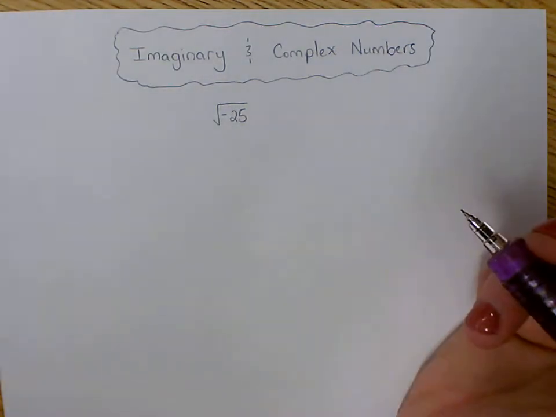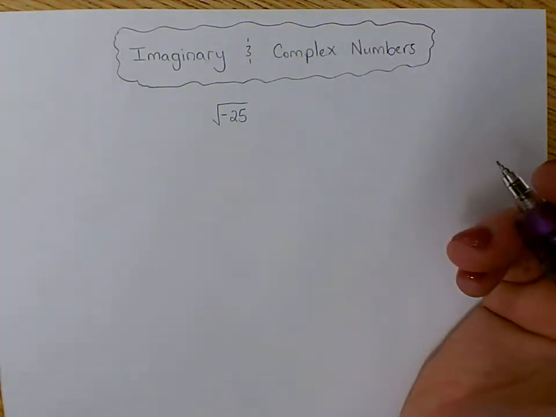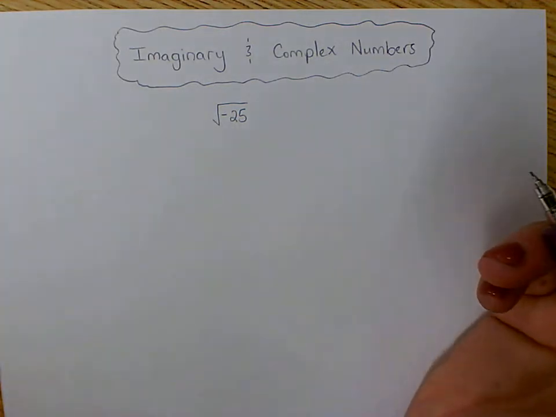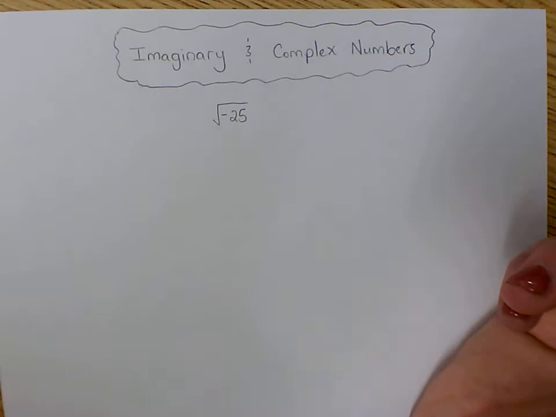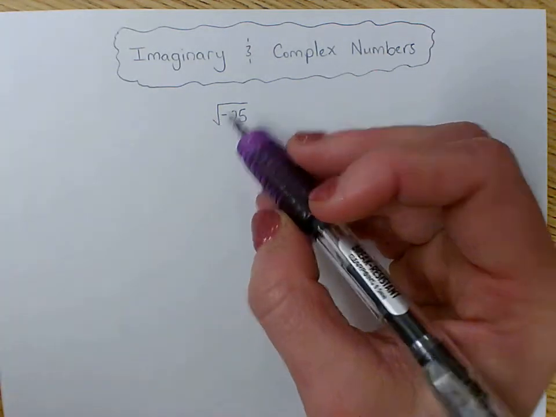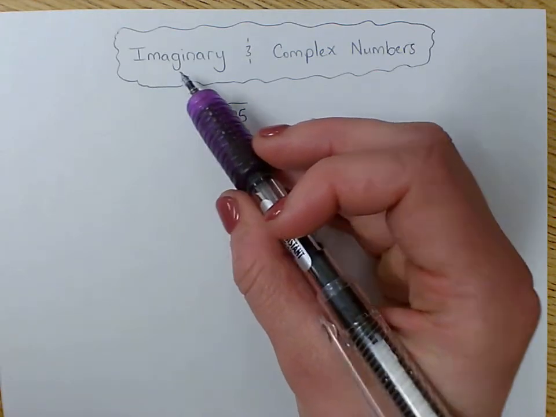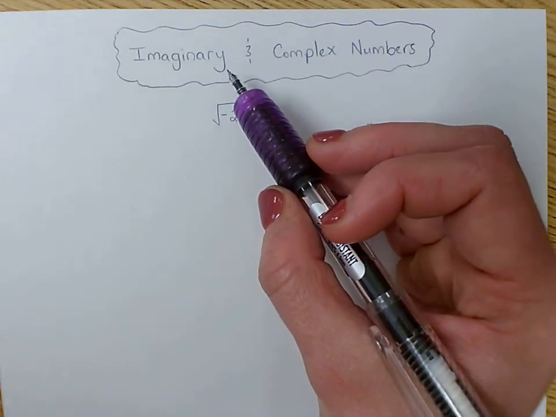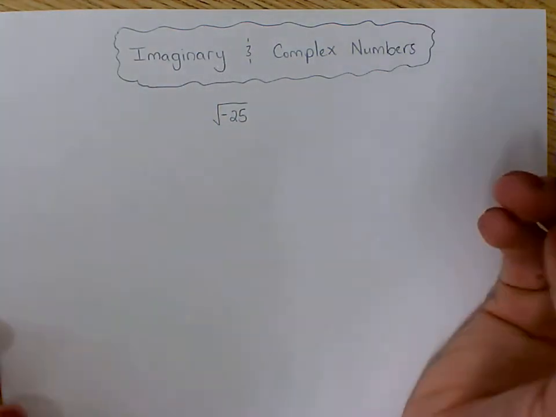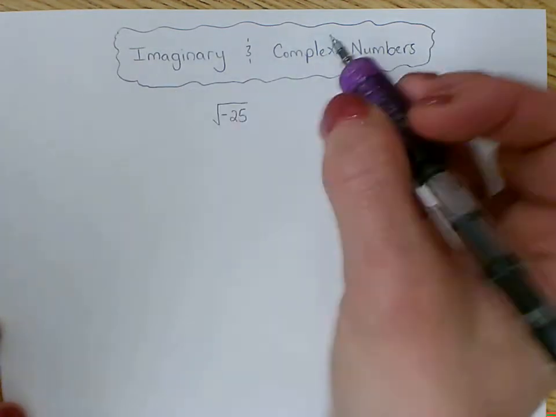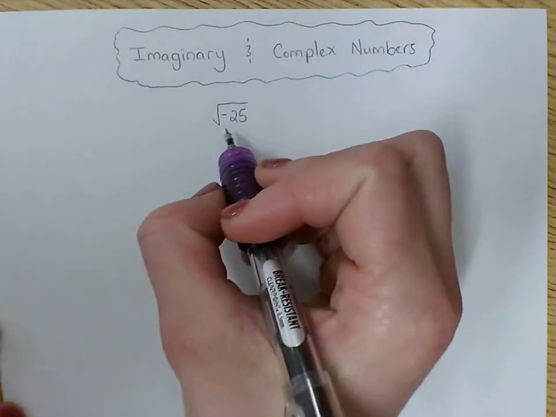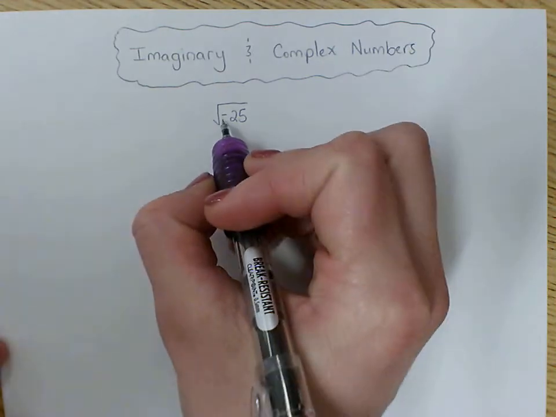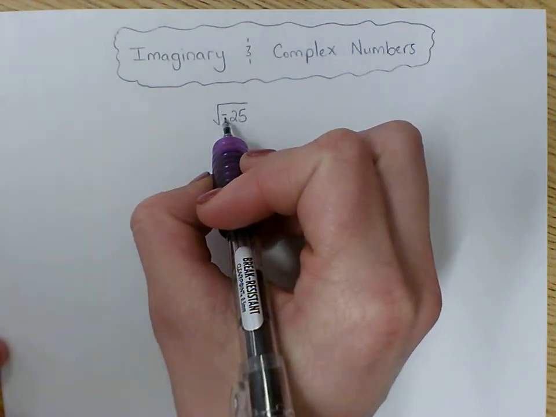So in classes before this, we would usually write down that it didn't have a real solution, and that's true. There's not a real number that would work in that problem, but there is what's called an imaginary number that would work. So imaginary numbers and complex numbers come around whenever you end up with a negative number under the radical.